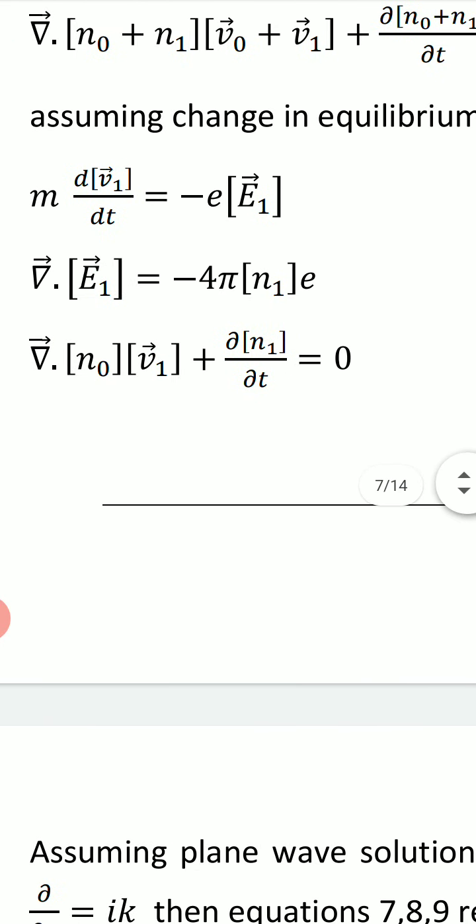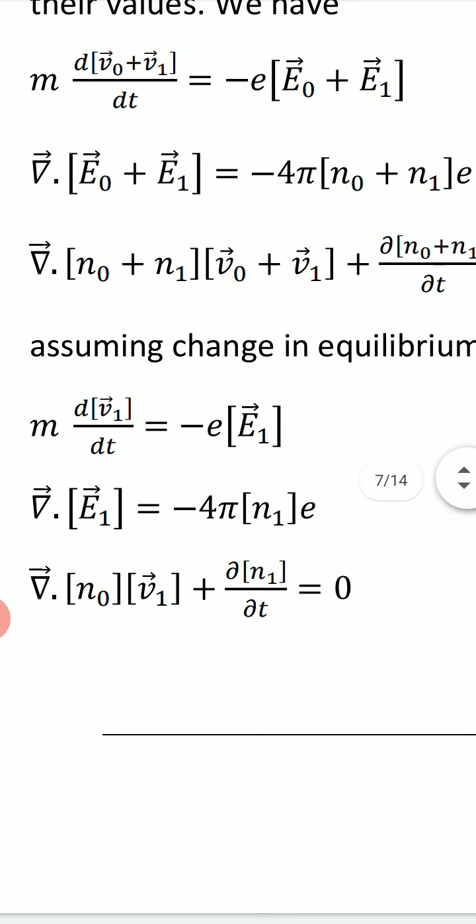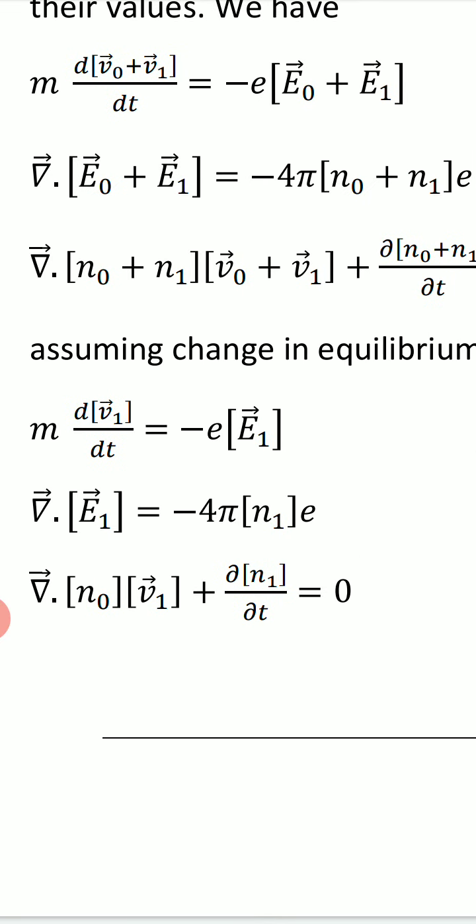Then these three equations now become, the first equation becomes m into d v1 upon dt equal to minus e into e1, by taking small change and assuming change in equilibrium values e0 and v0 as 0.